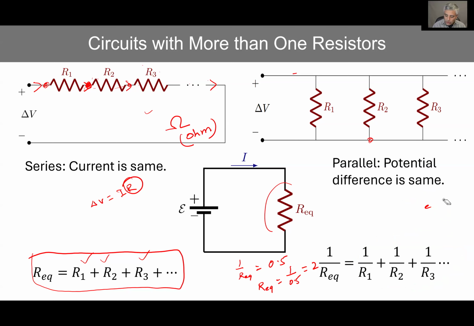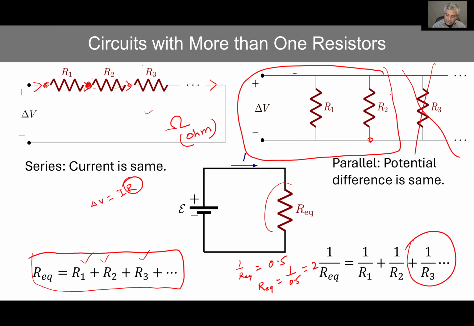And when we have just 2 resistors, for example, let's say we have only 2 of these, our circuit is just this. So that means there are 2 resistors in parallel. In that case, we can rewrite and simplify this equation. These are fractions, right? So 1 over R equivalent.